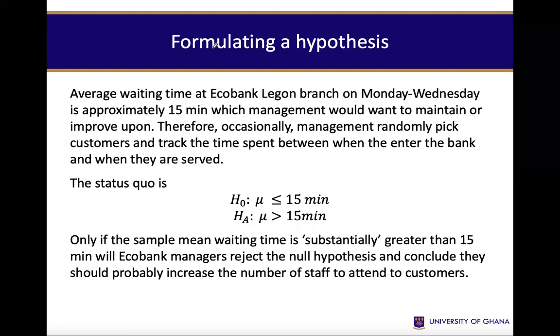If they want to improve, it means they want to make sure that customers don't spend more than 15 minutes there. So if it can be significantly lower, that would be good. Exactly. So if I want to improve my waiting time, then I expect that my waiting time will be significantly reduced.